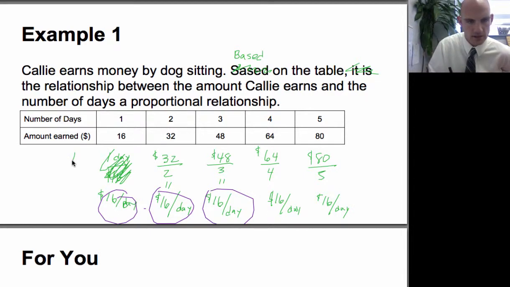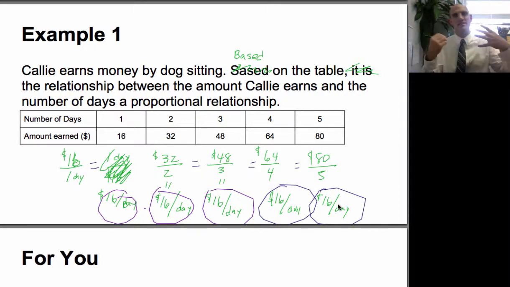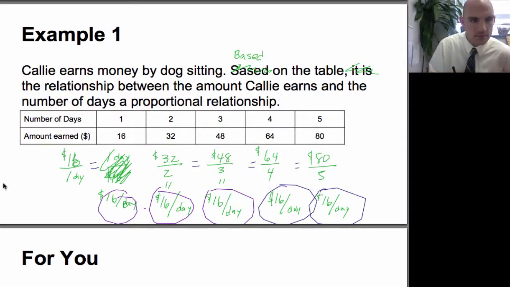This should be $16 over 1 day. Well, look, these are all equal to each other because they're all equal to $16 per 1 day. So yes, the relationship is proportional.